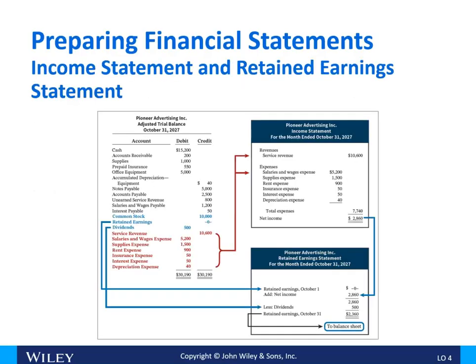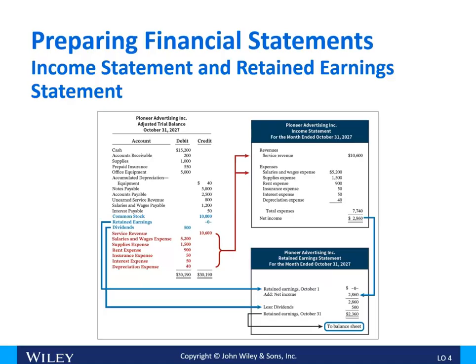So how do we prepare financial statements from the trial balance? So here's an example. If we look at the trial balance, we have the common stock, retained earnings, dividends. The retained earnings and dividends go into the retained earnings statement.